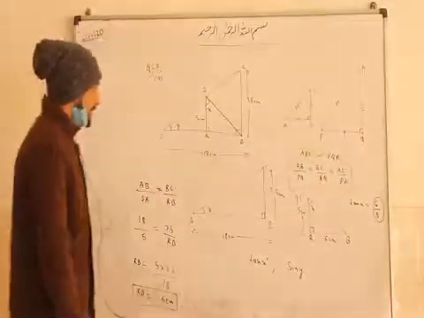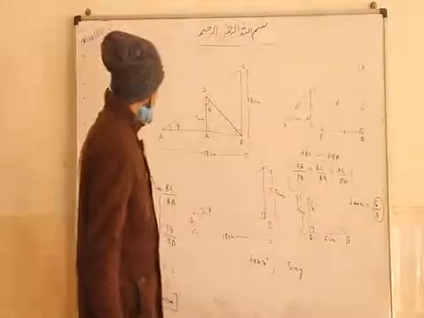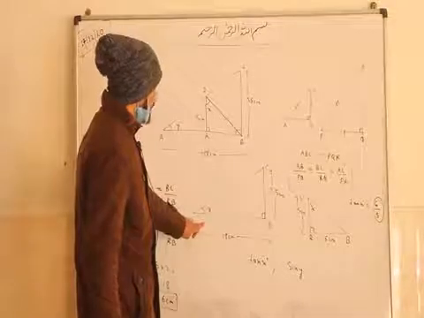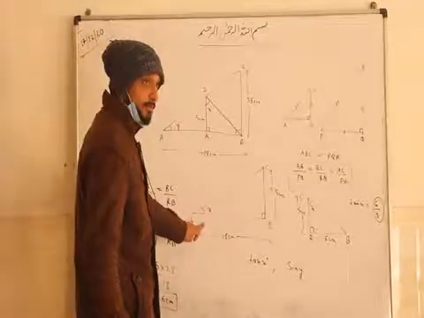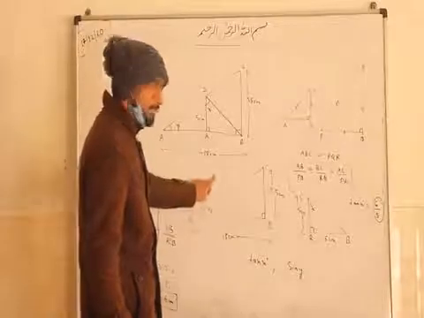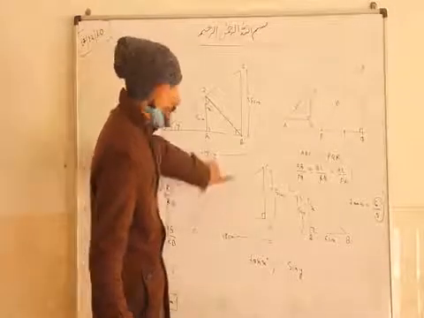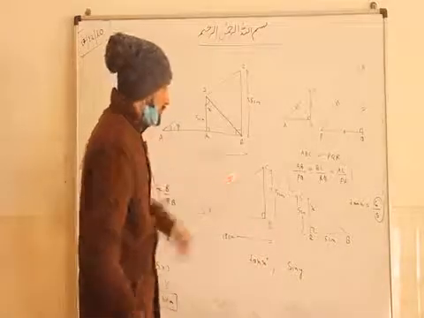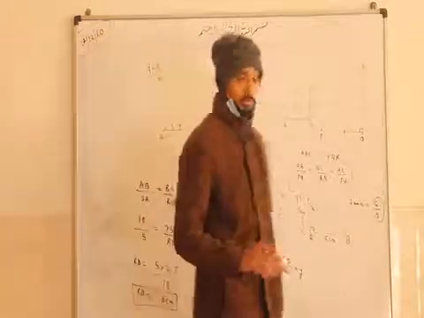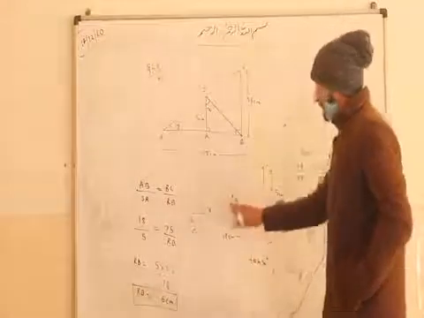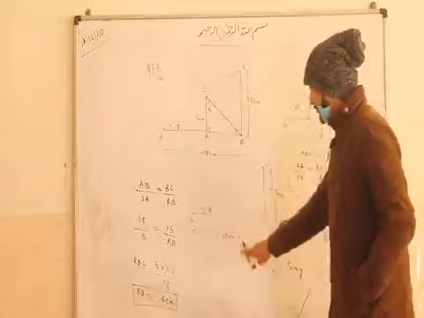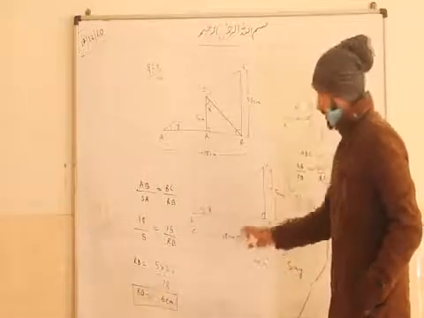Understood? Similarly, see this triangle with y. We have to find sin of y. For sine we need the hypotenuse. So you can find this hypotenuse, AC. 18 is also given here.